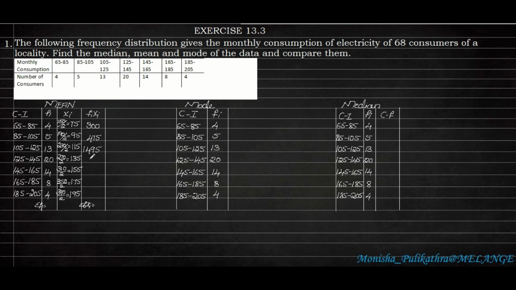Next 20 into 135, we will obtain 2700. So next 14 into 155, when we multiply it, we will get 2170. Next 8 into 175, if we multiply, we will get 1400. And finally 4 into 195, when we multiply it, we will get 780.